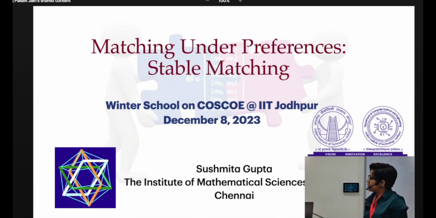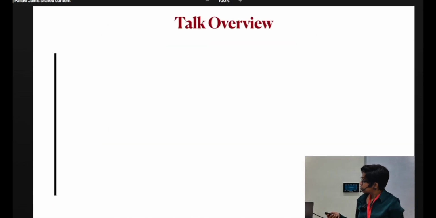So as I said, today this first talk will be about stable matching and the mathematical foundations of stable matching. In particular, it will be about the two-sided market setting, also known as the bipartite graph setting.